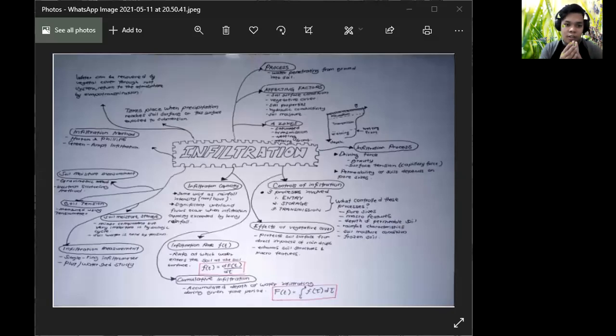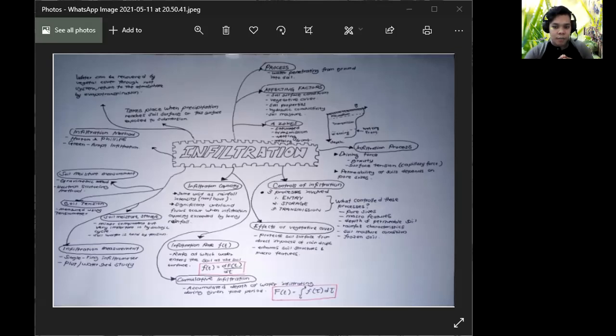The three processes are controlled by several things, such as pore size, macro features like cracks, root holes, and other things that are generally available in the ground.